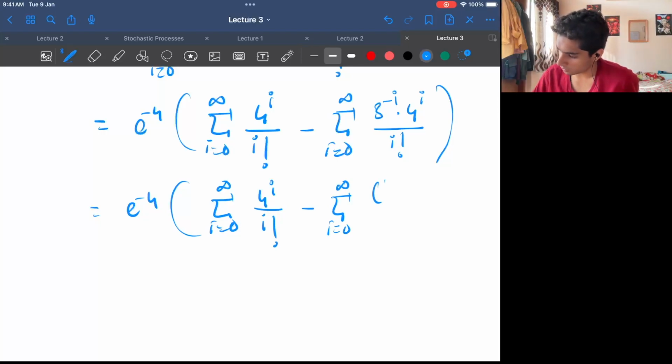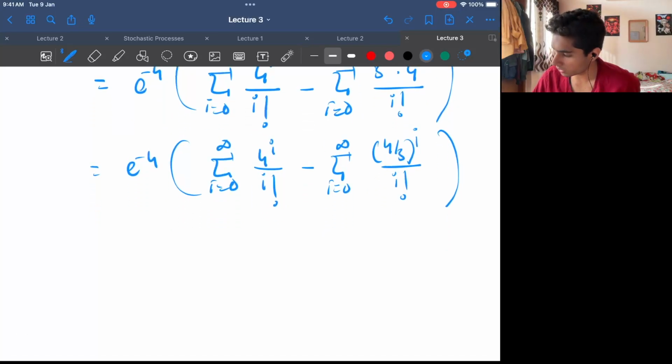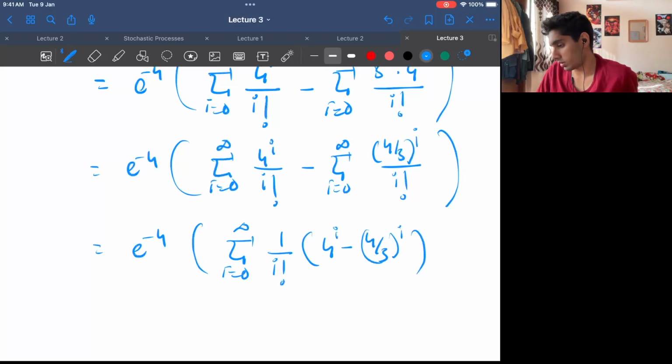So I can write this as 4 by 3 raised to i upon i factorial, right? What can we do here? So can I club this sum? Yeah, I can club these two sums. This will become e raised to minus 4 times summation i equal to 0 to infinity 1 by i factorial into 4 raised to i minus 4 by 3 raised to i. Will this help me in any way?